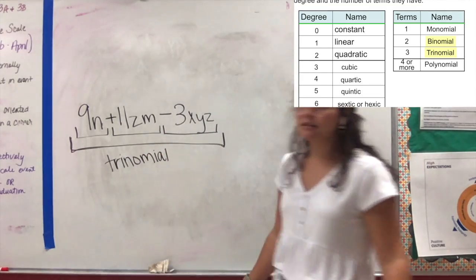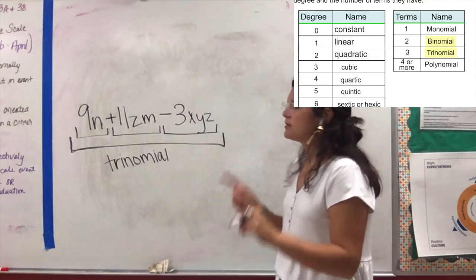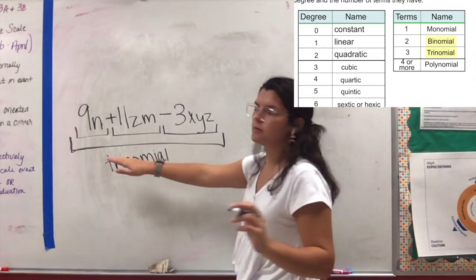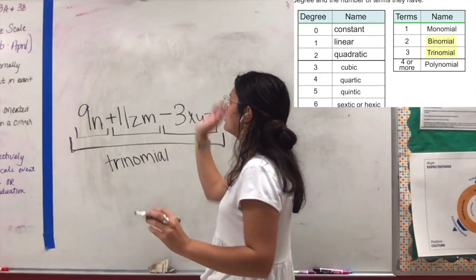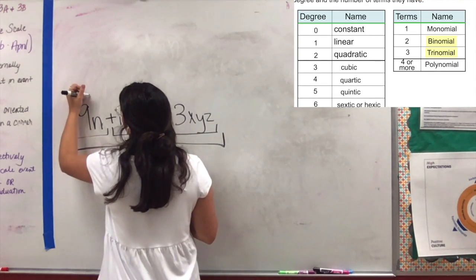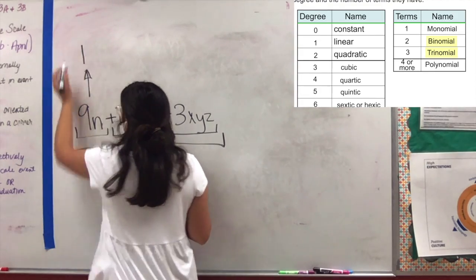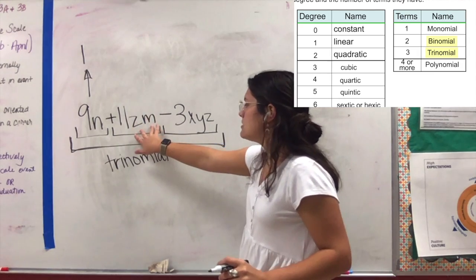All right, and now we need to look for the degrees. To look for the degrees, we need the exponents of each term. So we have 3 terms. That means we're going to find 1 degree of each term, but 3 altogether. In the first one, we already saw this one. We know that the degree is 1. Now we have 11zm.